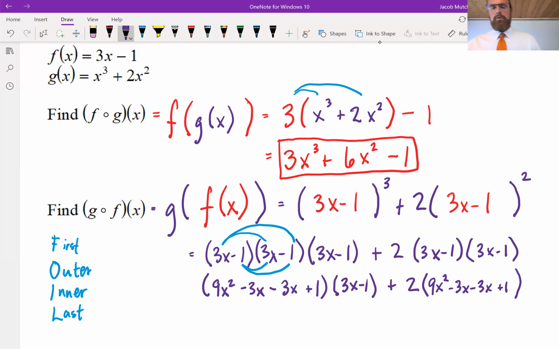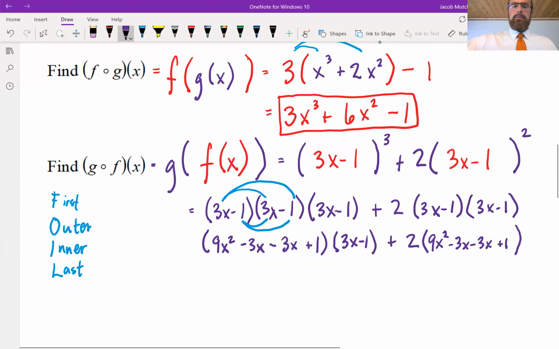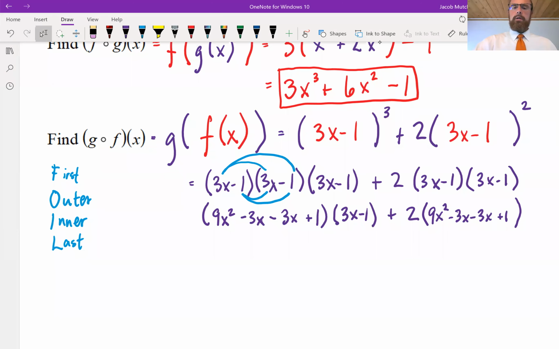So on this first set of terms, I need to distribute a second time, because notice I've got this quadratic times the linear 3x minus 1. I do want to reduce my work, and I also want to switch it around. So I'm going to move that 3x minus 1 over to the left, just to make for ease of distribution, times 9x squared.